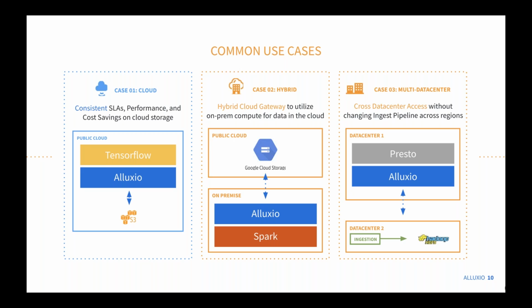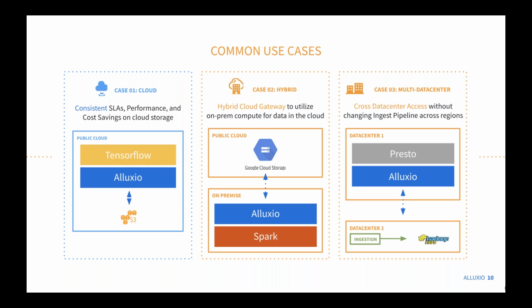And the last one is very similar to case number 2, except that instead of using a public cloud, it's using multiple different data centers. So a scenario that you've seen is when you have, let's say, a private data center in which data is being ingested, but that private data center is overloaded.